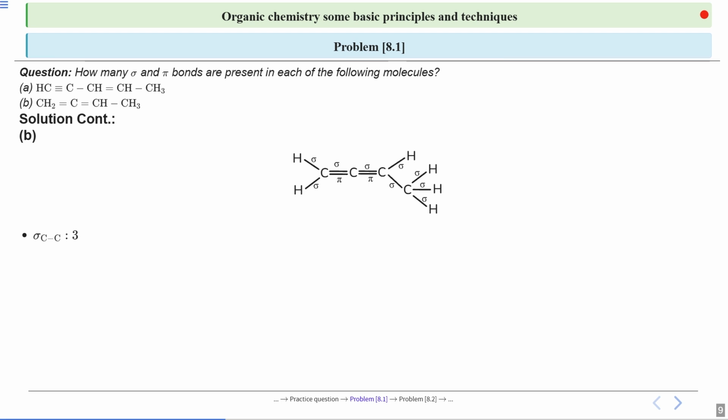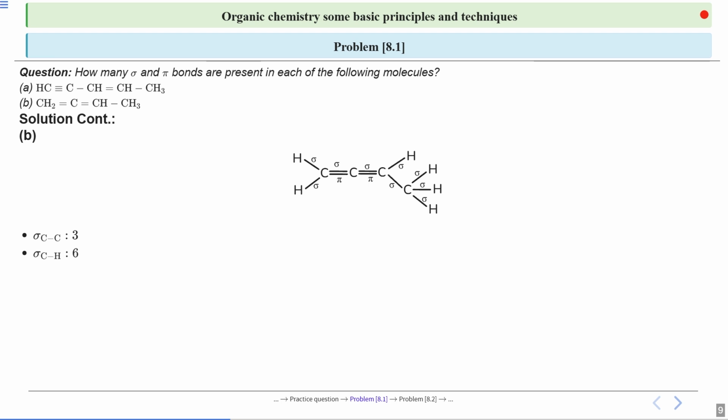Similarly, if you look at compound number B, here we have 3 CC sigma bonds. How? Between C and C, we have 3 carbon-carbon connectivities: 2 from the double bonds and 1 from the single bond. Each double bond gives 1 sigma bond and the single bond gives 1 sigma bond, a total of 3 sigma bonds between C and C. What about the CH sigma bonds?